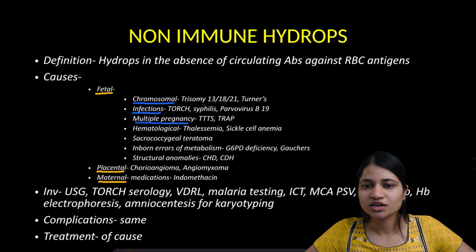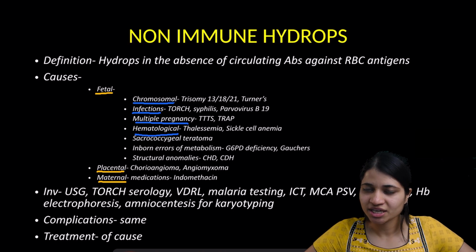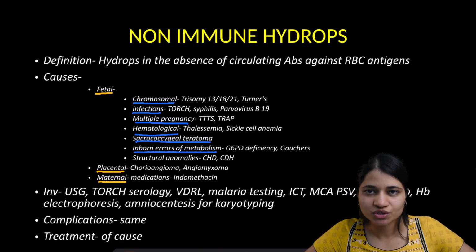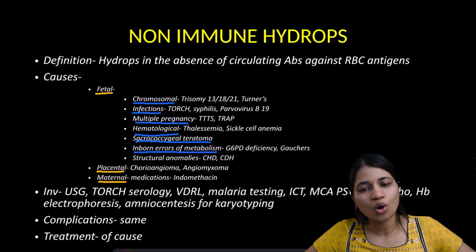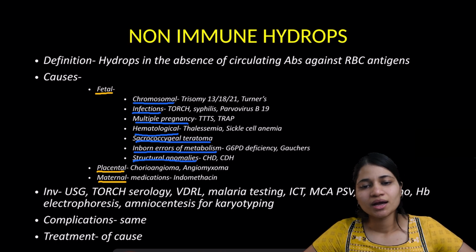It can occur as a result of hematological defects such as thalassemia or sickle cell anemia in the baby. It can occur due to sacrococcygeal teratoma in the baby. It can be due to inborn errors of metabolism like glucose 6-phosphate dehydrogenase deficiency, or due to structural anomalies like congenital heart diseases.